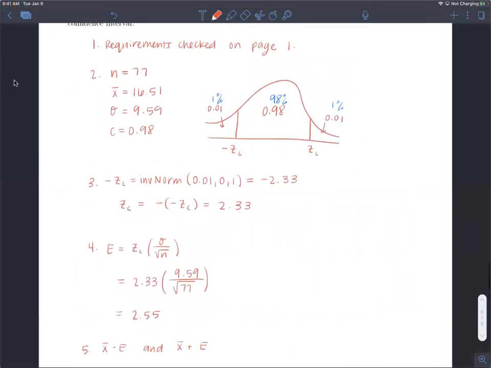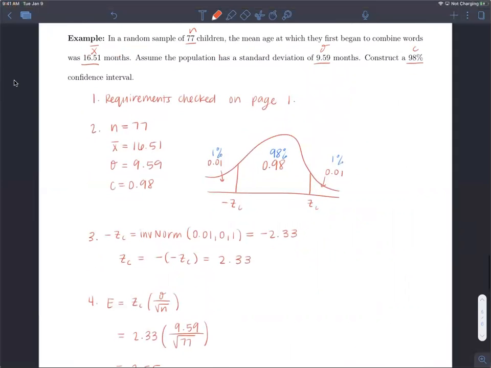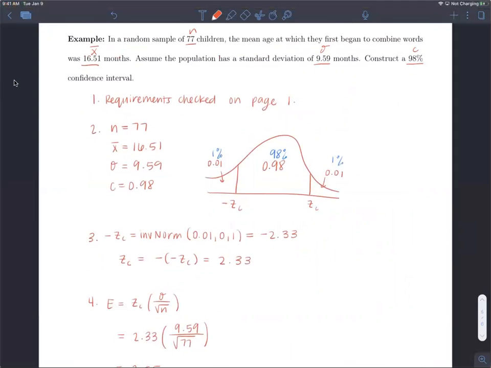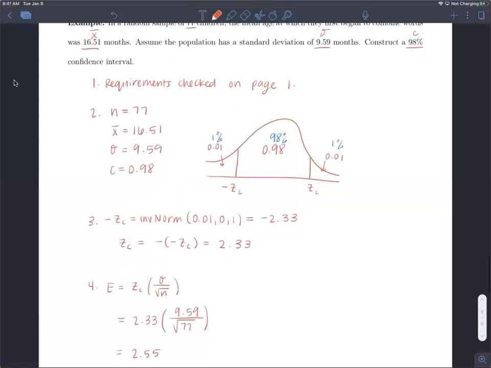And so this example is talking about the mean age that children begin to start talking or combine words, right? And so it gave us all of these variables right here. And then what we did was we found the critical value. And so remember, the critical value is just the value that is the boundary on your confidence level and the area of your confidence level.